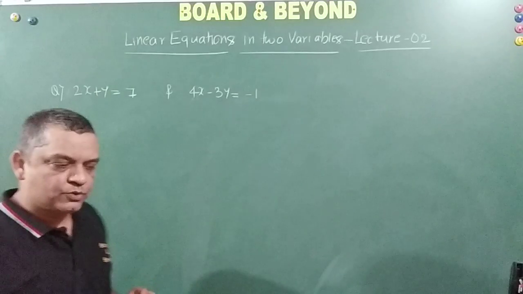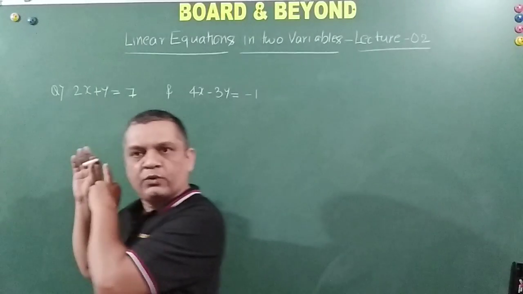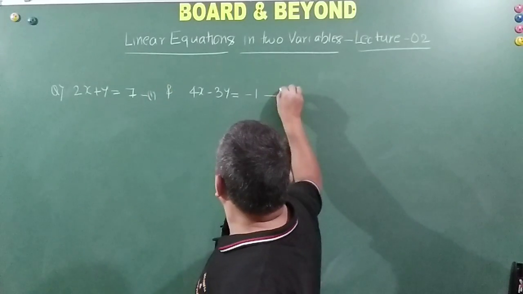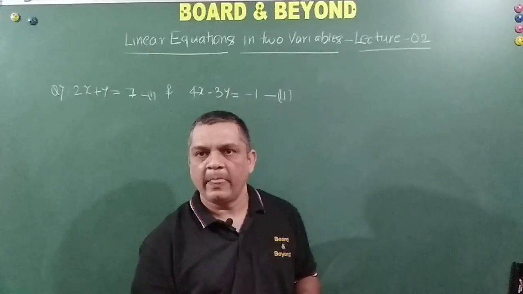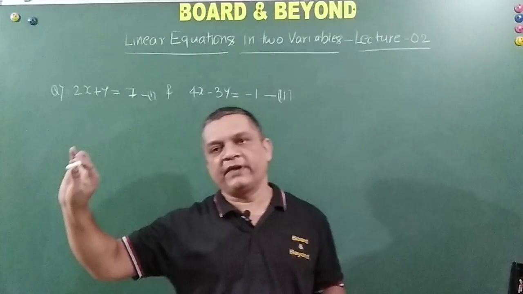Okay, so the substitution method is nothing but this: this is equation number 1, and this is 2. So using one equation, we express one variable in terms of the other variable.